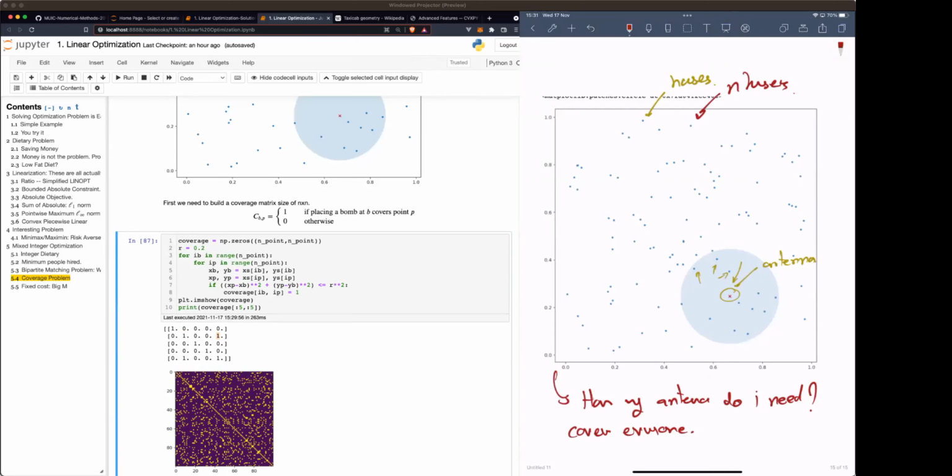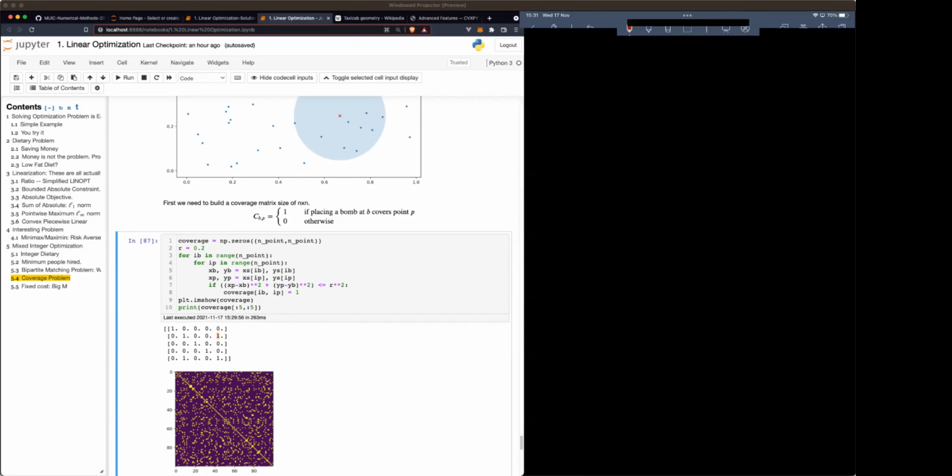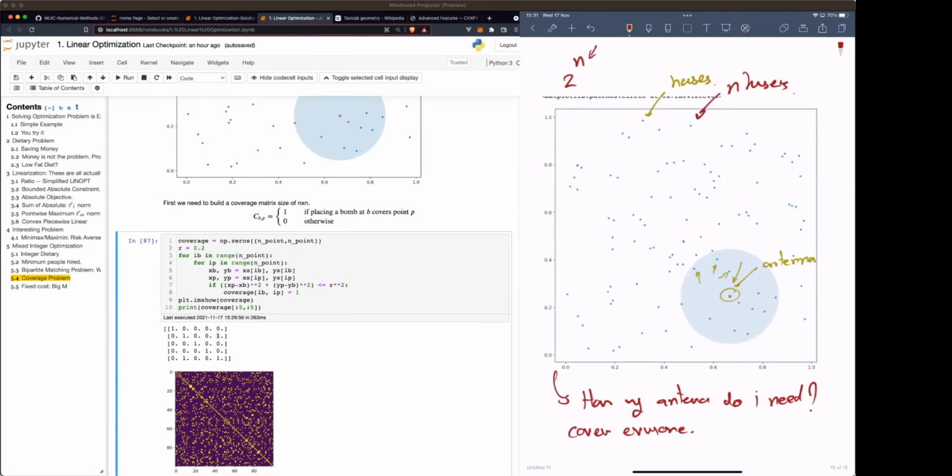So you have 2 choices for each house. So how many choices do you have in total? 2 to the n, good. Which you should scream, because you learned from algo already. Anything beyond polynomial degree is a bad idea. This is exponential, a bad idea.